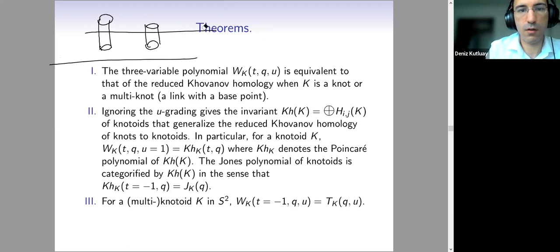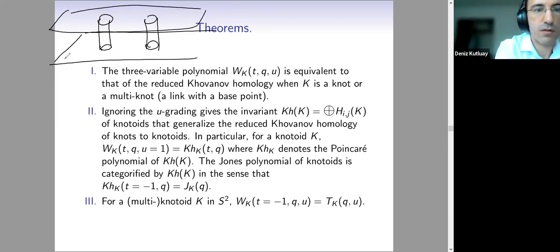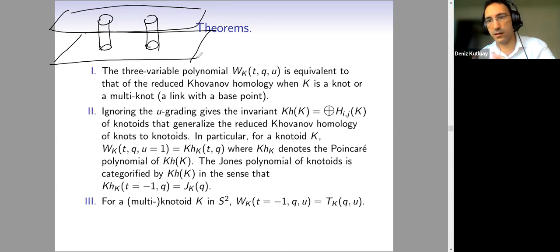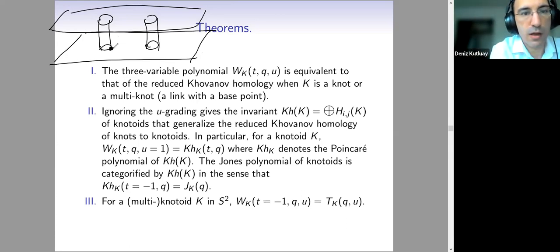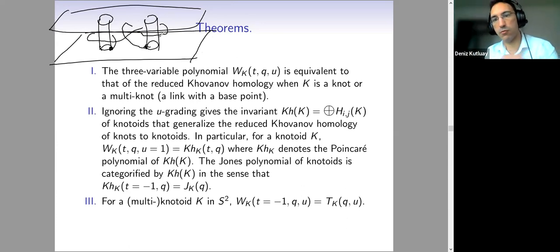Think of it as a thickened surface where you drill out two holes, and the natoid, you can think of it as one end is here, which can move freely on the tube, and the arc is in this thickened surface where it can go around and make some knots, and then come back at an endpoint on the tube.